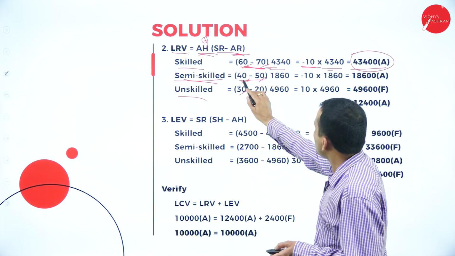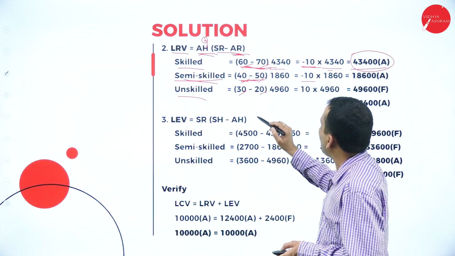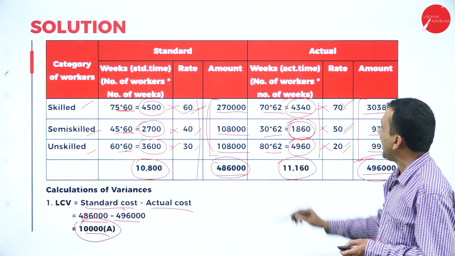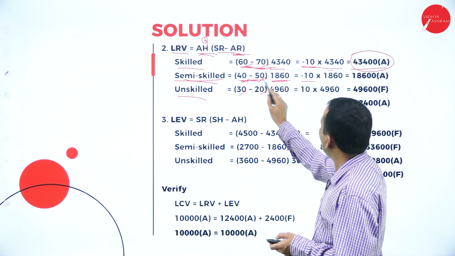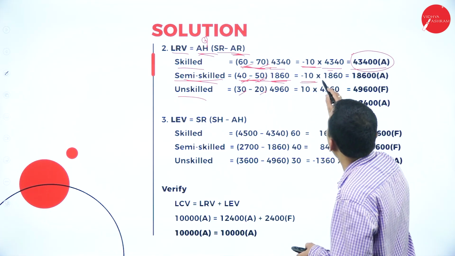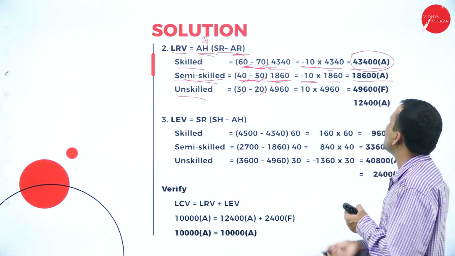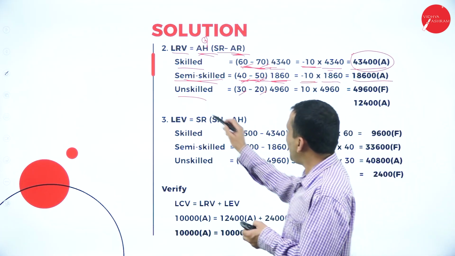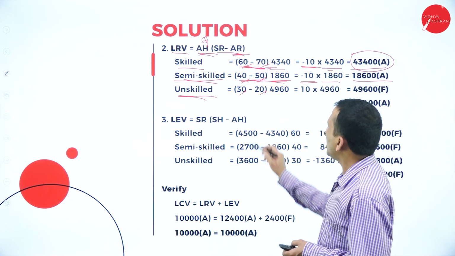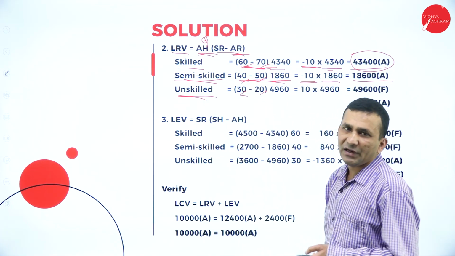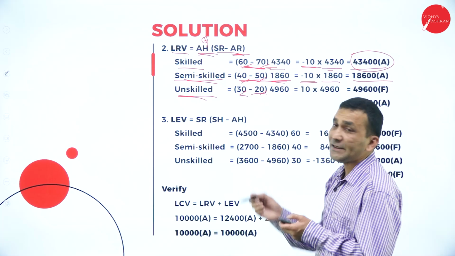If you subtract, again minus 10, and the actual hours 1,860. If you multiply minus 10 into 1,860, the answer is adverse, 18,600. Moving to the unskilled labor, the standard rate given in the question 30 minus actual rate is 20.